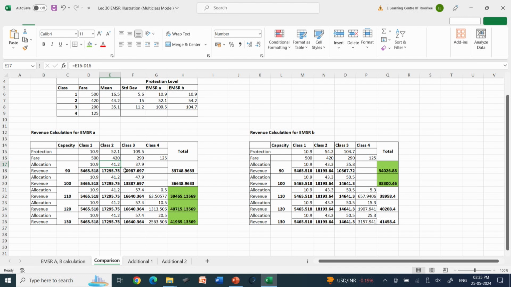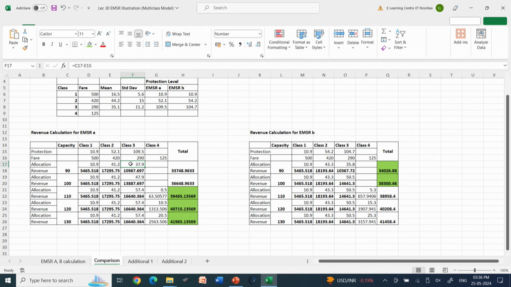So, 41.2 seats are available for class 2, and for class 3, class 2 and class 1, total protection seats are 109.5. Out of 109.5, 52.1 seats are reserved for class 1 and 2. So, the remaining seats will be used for class number 3.